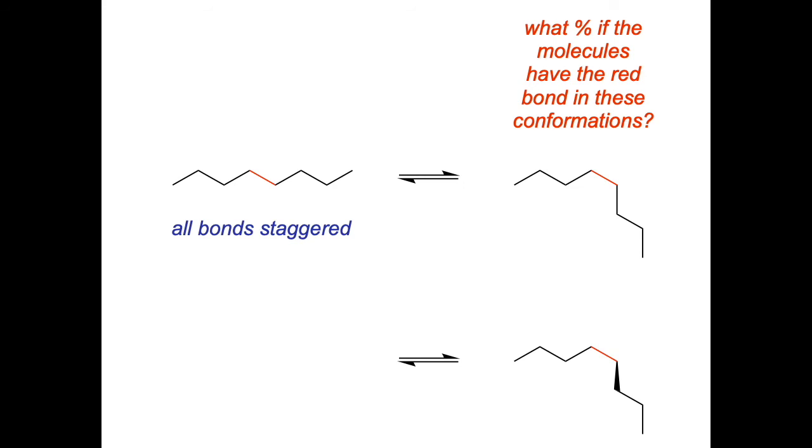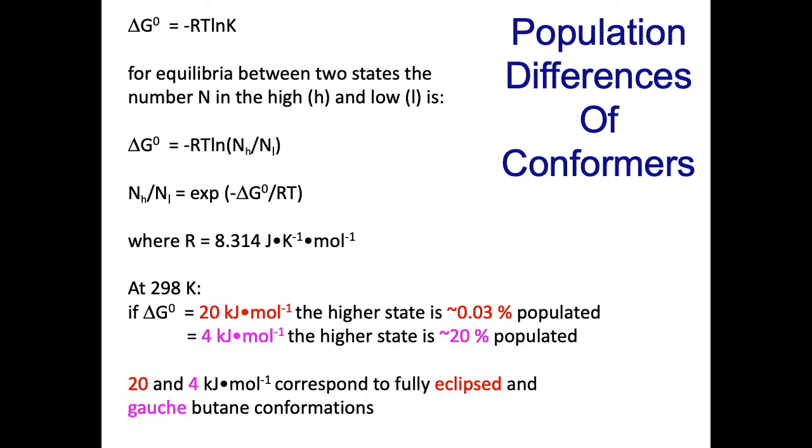The thermodynamic relationship ΔG° equals minus RT ln K represents the equilibrium between two states. Imagine a linear hydrocarbon in a fully extended conformation with all the bonds staggered, except one in a totally eclipsed conformation. Well, we know from butane that's worth about 20 kilojoules per mole.